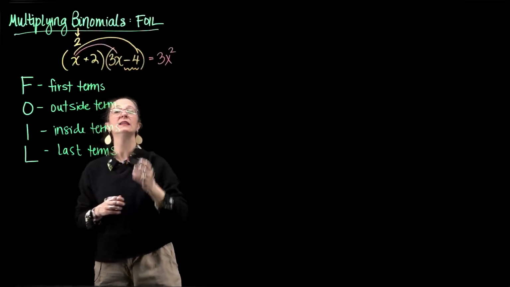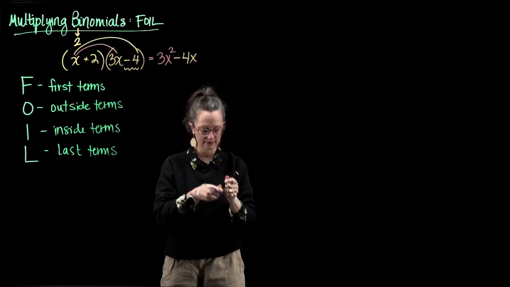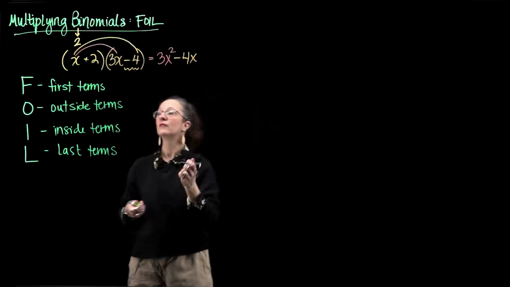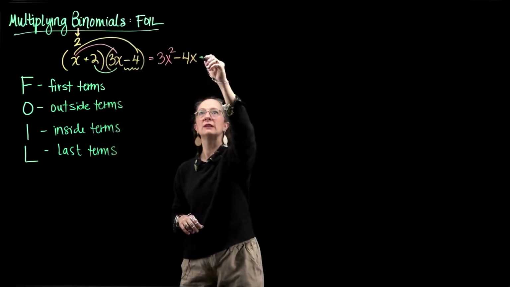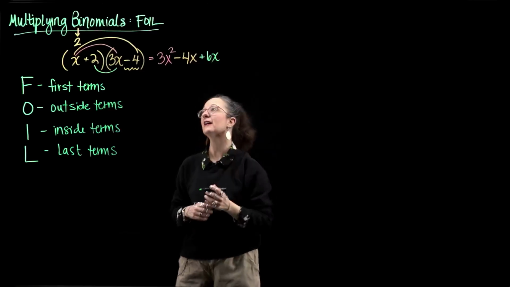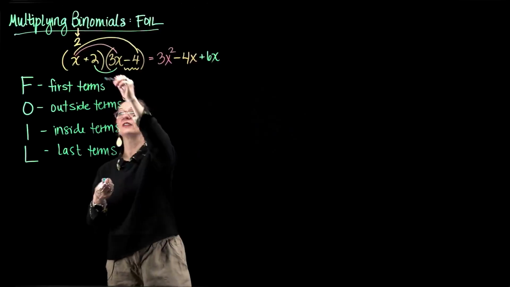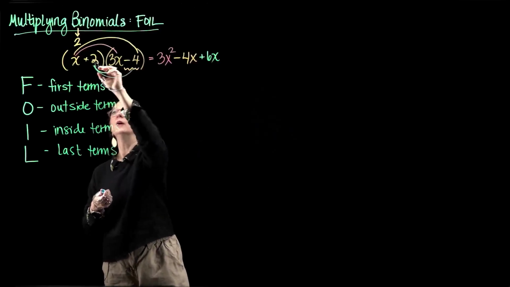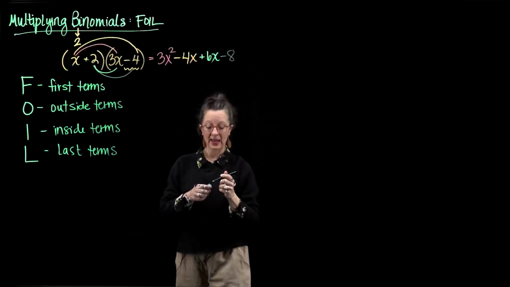And don't forget that the negative goes with that 4. So negative 4x. I for inside terms, 2 times 3x is 6x. And then L for last terms, positive 2 times negative 4 is negative 8.